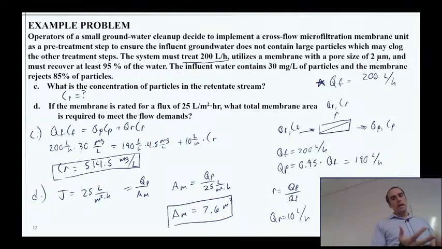So with that, the only unknown is CR once we've found the Qs, and we can put in the numbers: 200 liters times 30 milligrams per liter is equal to 190 times 4.5 plus 10 times CR. So we solve that, and that should come out to 515-ish milligrams per liter in that retentate.